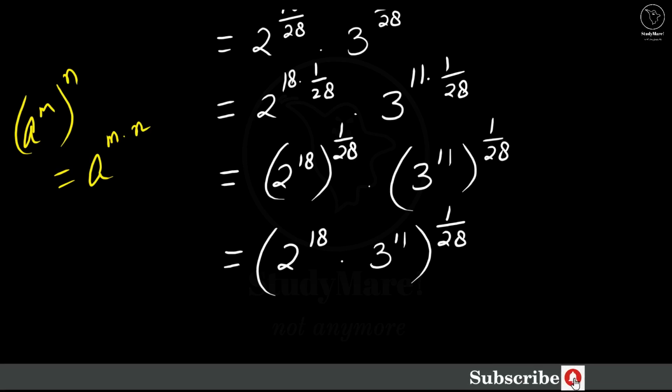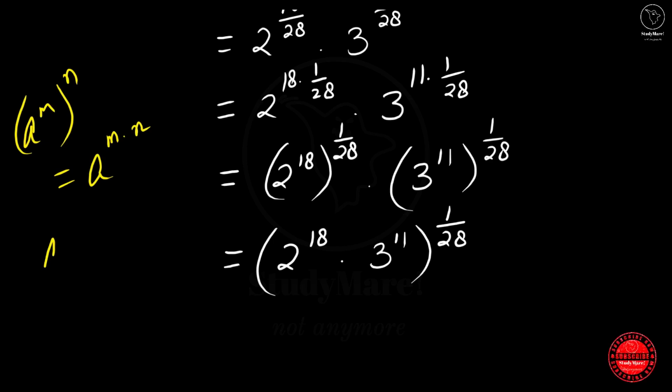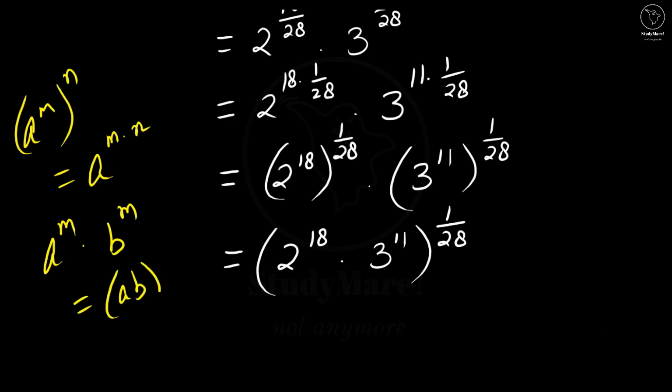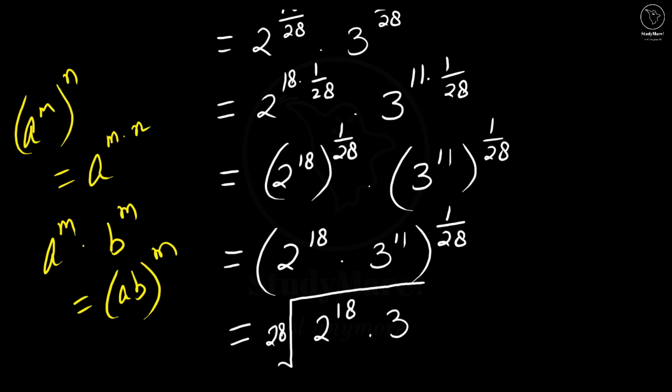Now the identity that we have used here is a to the power m into b to the power m can be written as a into b whole raised to the power m. This can be written as 28th root of 2 to the power 18 into 3 to the power 11. So we have a common root here for the entire term and that is our final answer.